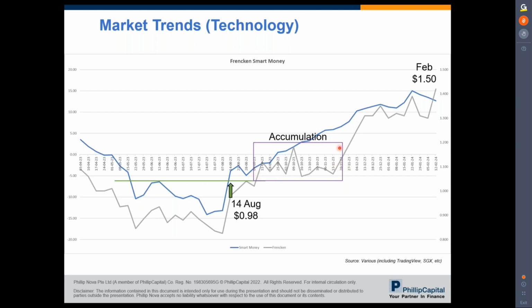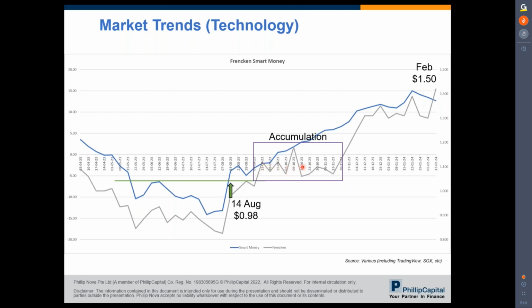these are very interesting formations, because from September to November last year, smart money had been consistently buying up Frencken Group, but the share price had been moving sideways, right? So these, in fact, are the best opportunities that I think we can make use of as investors.